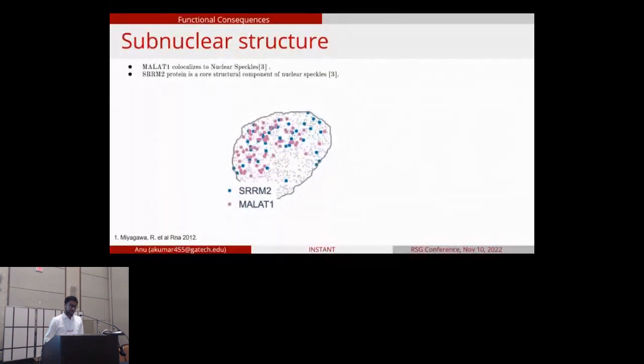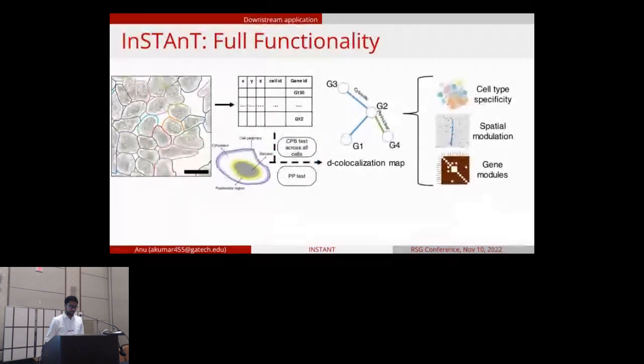It's also known that SRRM2 protein is a core structural component of nuclear speckles. Decolocalization of SRRM2 RNA and MALAT1 may shape our understanding of how splicing happens in nuclear speckles.